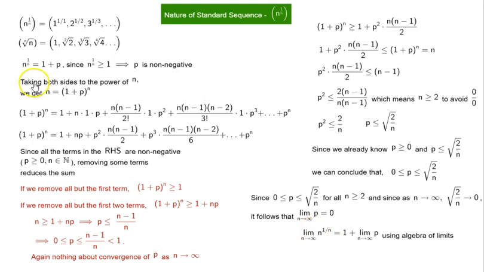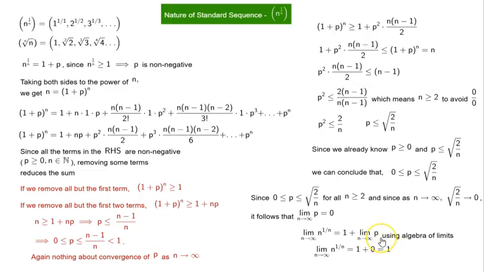So limit as n goes to infinity of n to the power of 1 by n is equal to limit as n goes to infinity of 1 plus p. Taking the limit of 1, it's a constant, so it remains 1. And limit as n goes to infinity of n to the power of 1 by n is equal to 1 plus this goes to 0, which gives us 1.